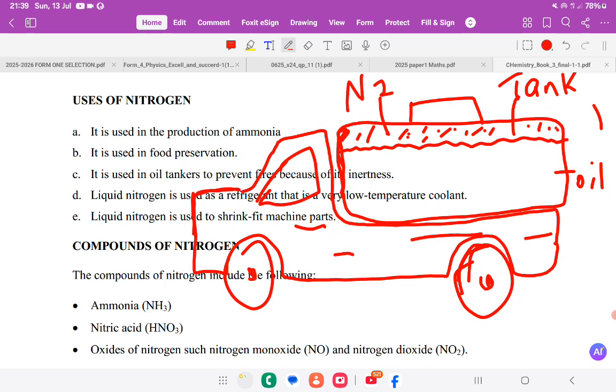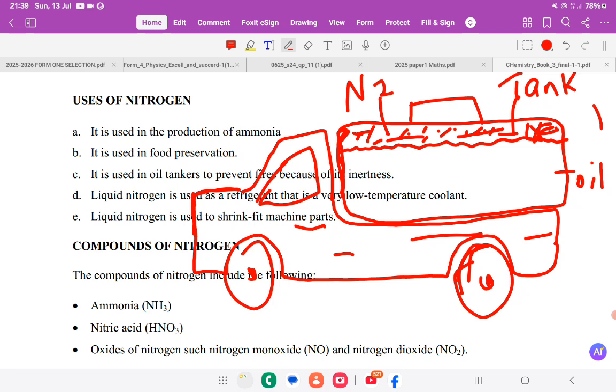You know, oxygen is necessary for combustion. So to ensure that oxygen does not reach the oil so that it can easily be ignited, they cover this top part with nitrogen to ensure that there's no contact between oxygen and the oil. If oxygen is in contact with the oil, it can easily catch fire.